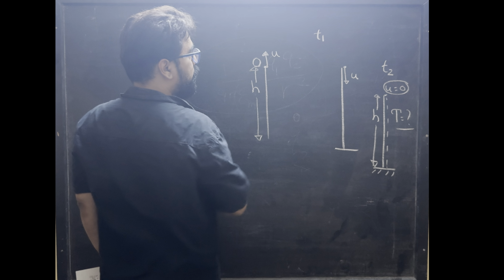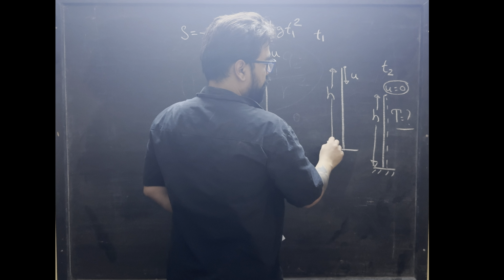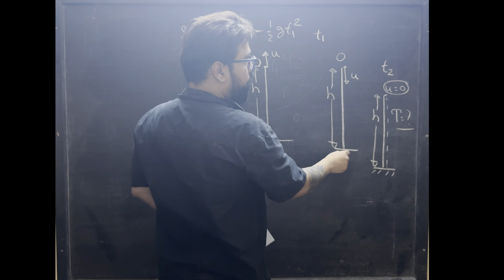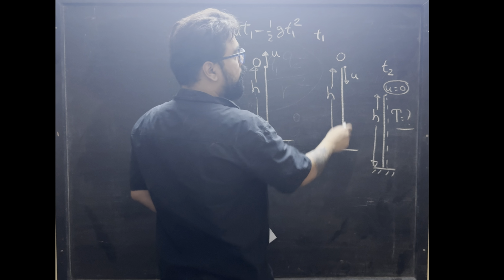Now in the second case it is the same h, from the top of the tower, so the origin is here and the ball comes downward. What is the displacement now? It is minus h. Ball is thrown vertically downward, so what should be the sign of u? It must be minus u. The time taken in this case is t2, so minus u t2.